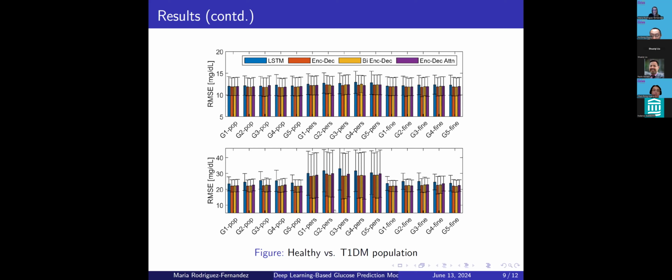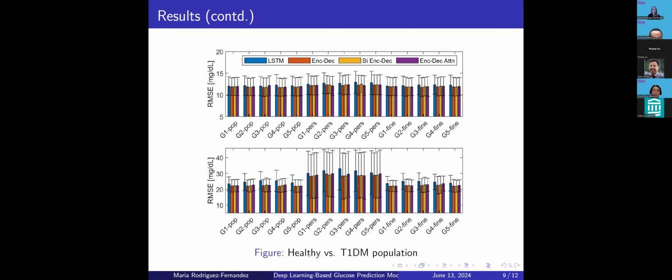We can also see more variability for the personalized models than for the population models, because they have less information. In total, if we look at this, the personalized models do not work that well, these 5 in the middle.